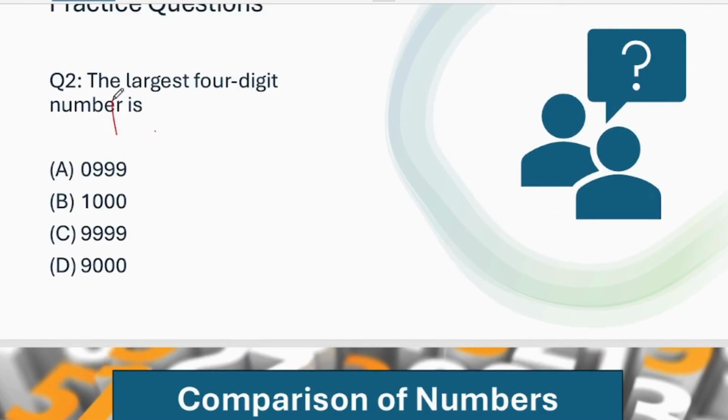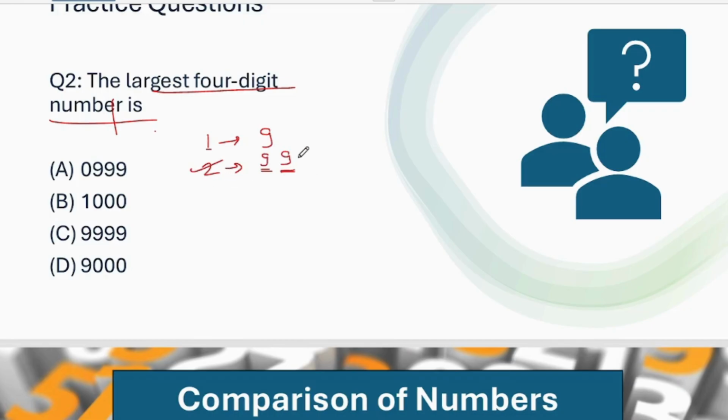All right, so let's look at this question. The largest four digit number is. So you know that when we have to find the largest number of given digits, we know that the largest one digit number is 9, the largest two digit number is... as many digits as it is asked, you give the positions for that and you give so many nines.